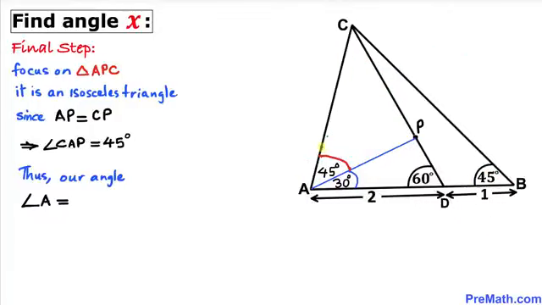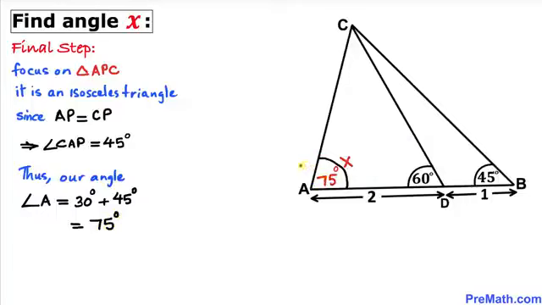So therefore, this angle A is going to be the sum of these individual angles, 45 degrees plus 30 degrees. So I can write this as 30 degrees plus 45 degrees, which is equal to 75 degrees.